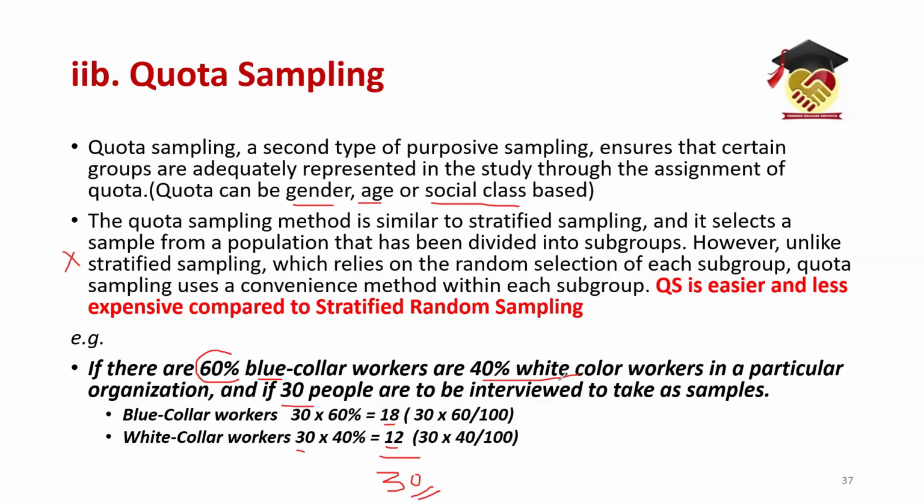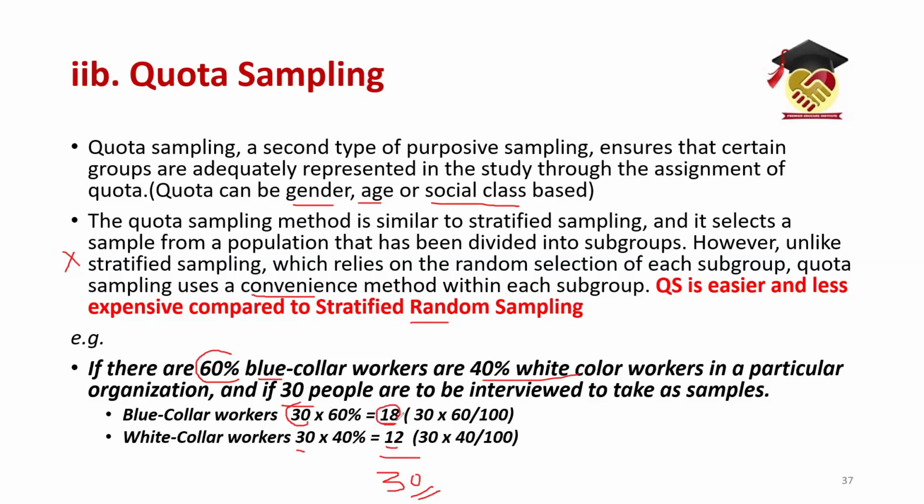Can you remember that proportionate? But here the difference is, you are not using random sampling. Here you are using convenience sampling, right? This 18, you need 18, right?